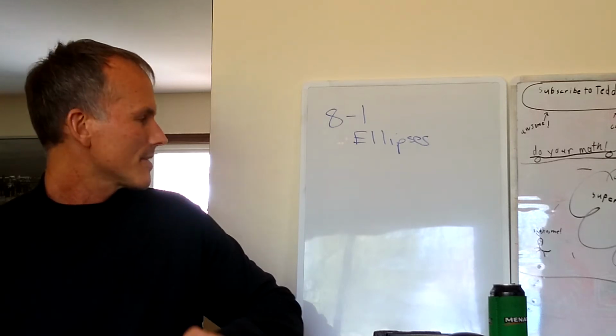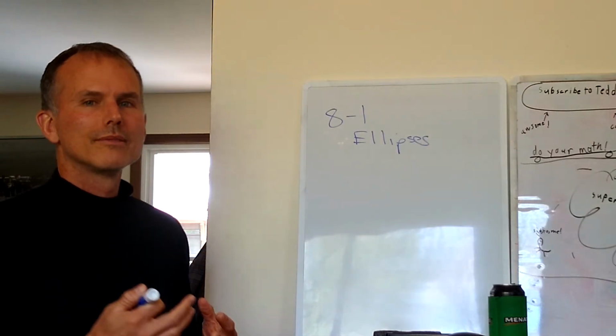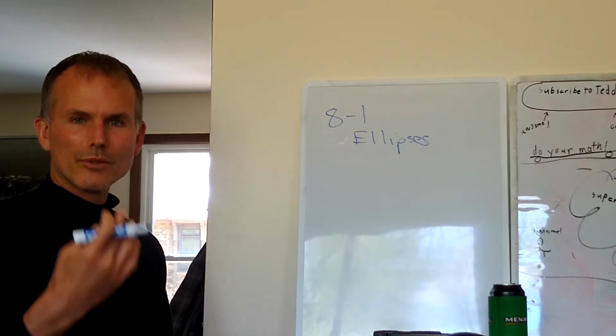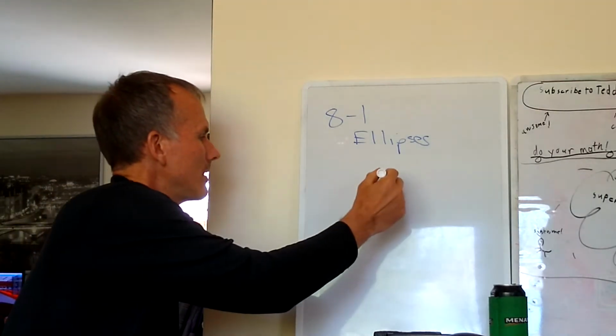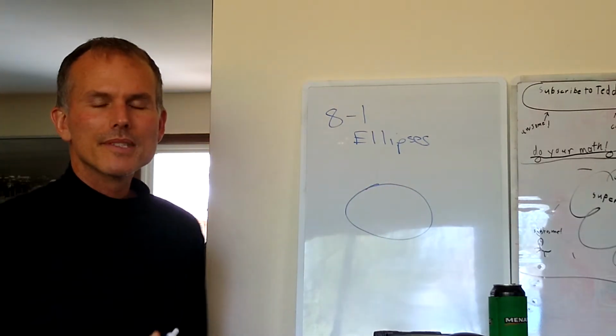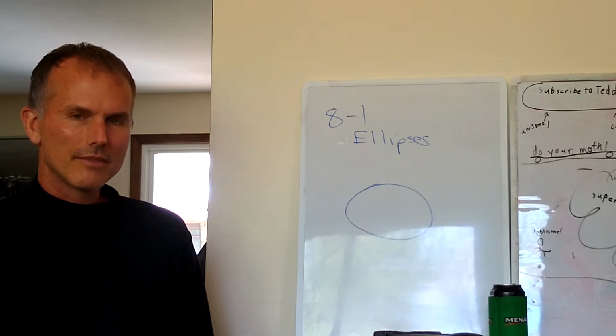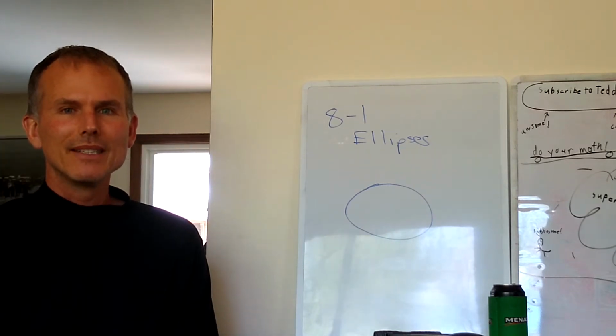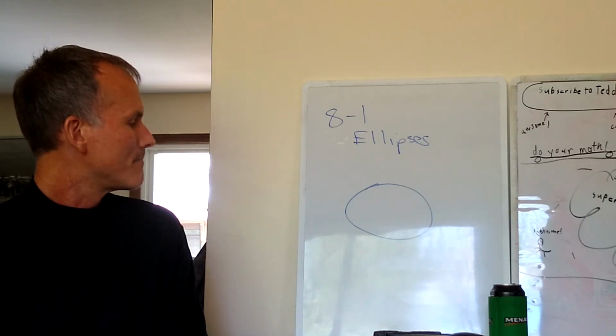An ellipse, you may think of it as an oval. That's a word that's often used colloquially, but in math we call a shape that looks maybe something like this an ellipse. It's like if you took a circle and mashed it a little bit. That's not really what it is, but it kind of looks like that.